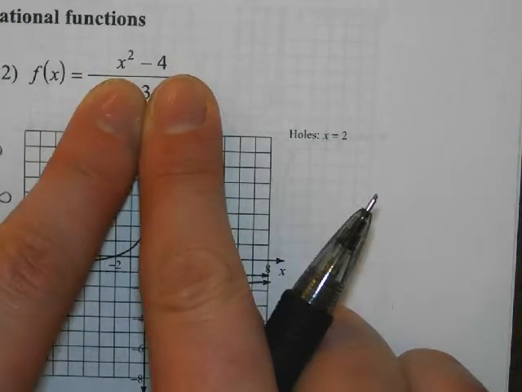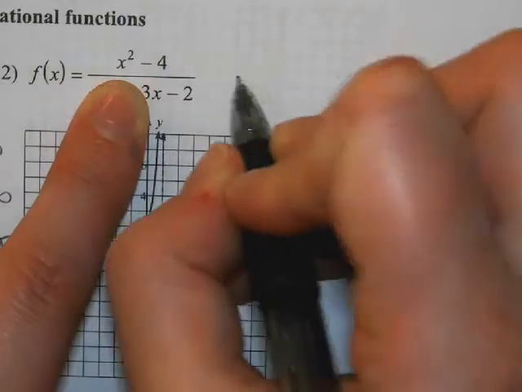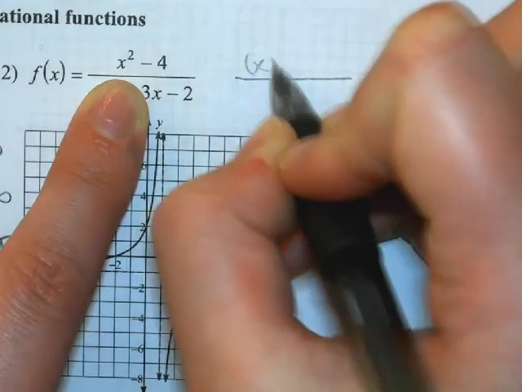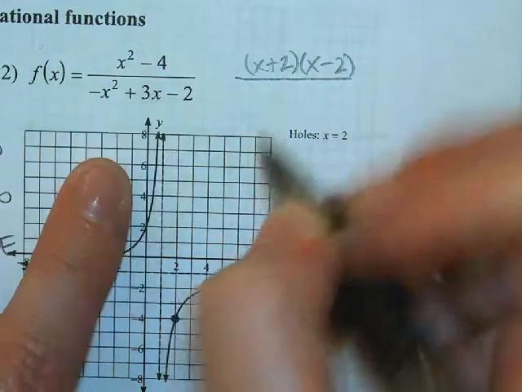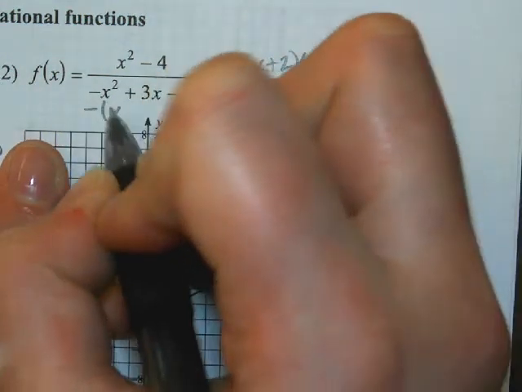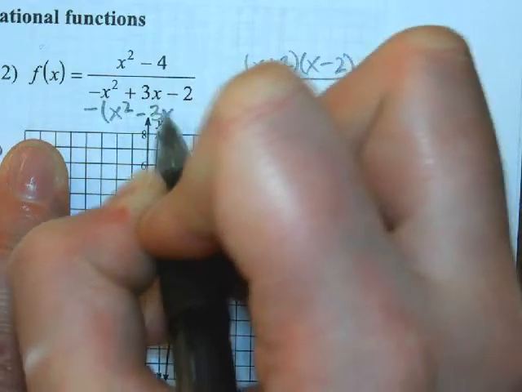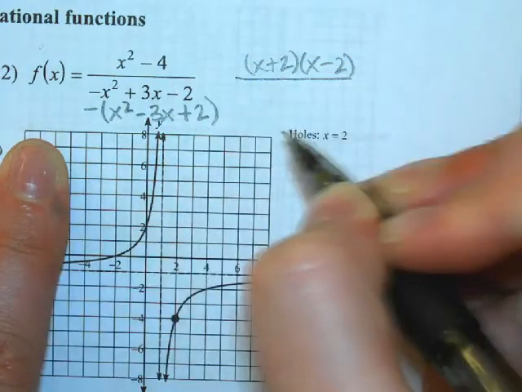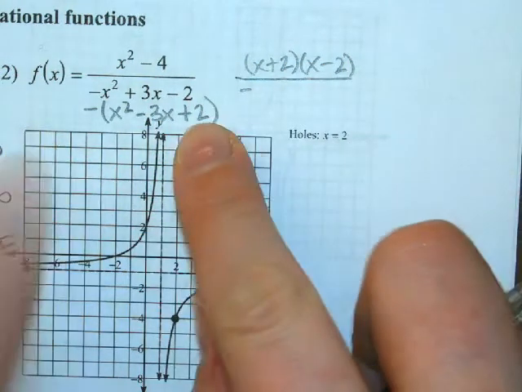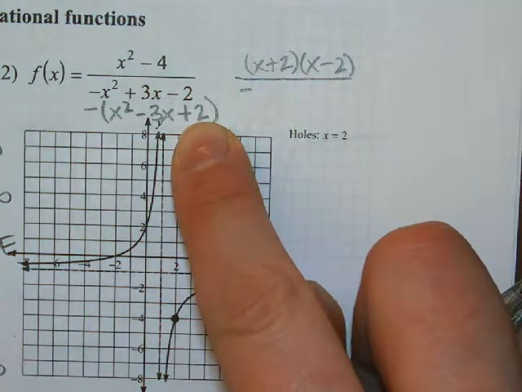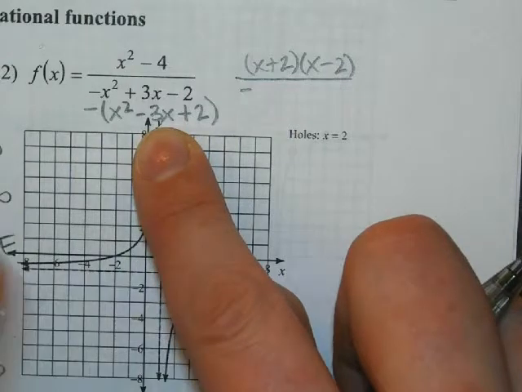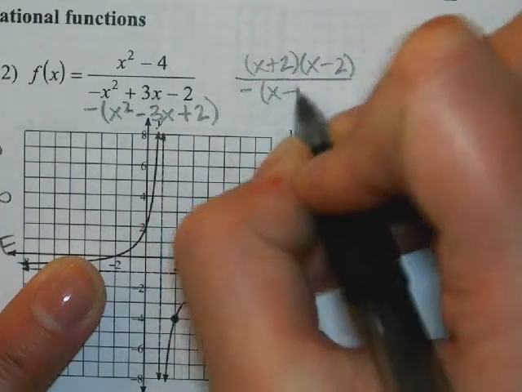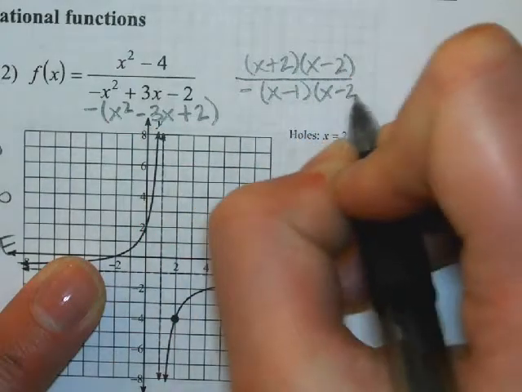Okay, what happens when you factor the top? Yeah, x plus 2, x minus 2, difference of squares. On the bottom, I need to take out that negative first. So I'm finding 2 numbers that multiply to positive 2 that add to negative 3. x minus 1, x minus 2.